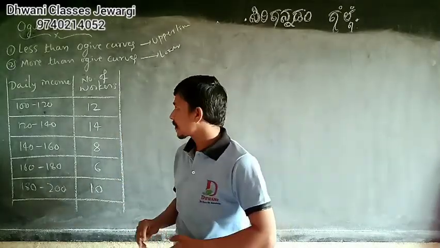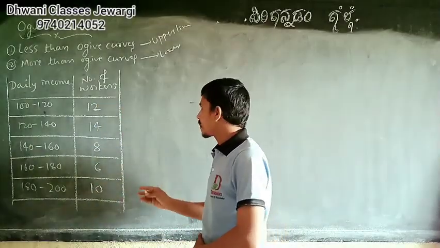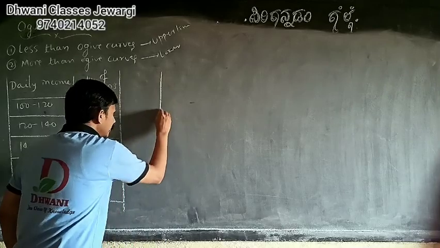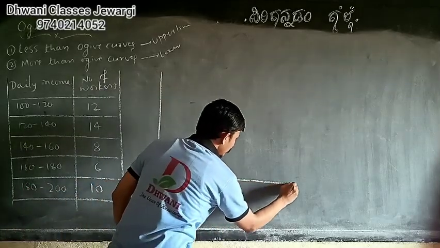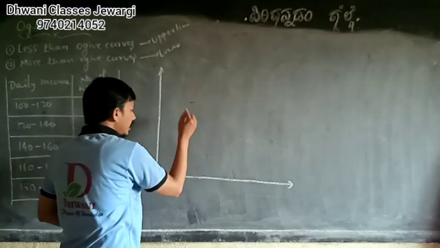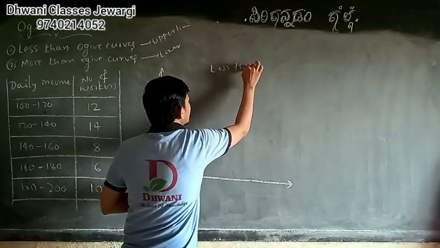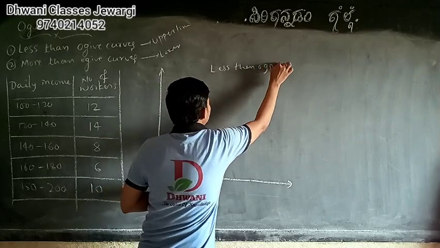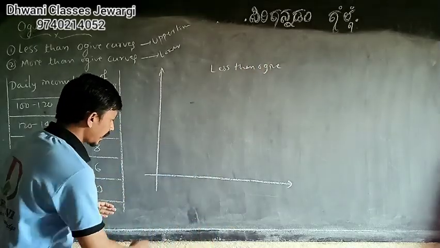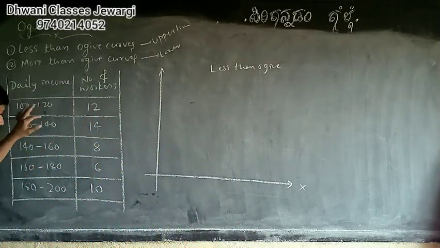For example, if you want to draw a less than Ogive curve for this question, first of all, you need to take the x-axis and y-axis. For less than Ogive, you need to take the upper limits along the x-axis.